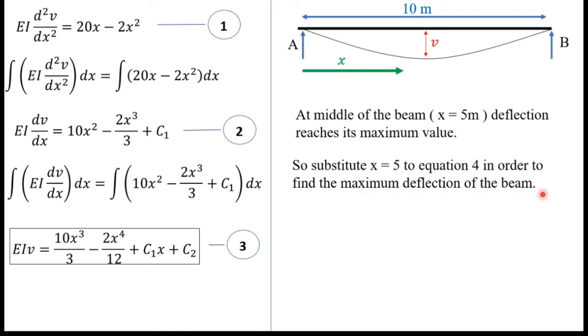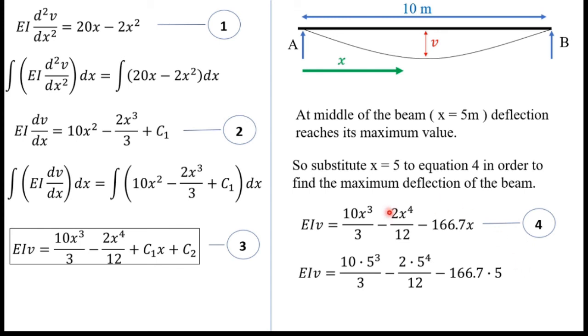So next I am going to do this. I will substitute x equals 5 into equation 4. This is the equation 4. Next I am going to substitute x equals 5 for these x's in equation 4.